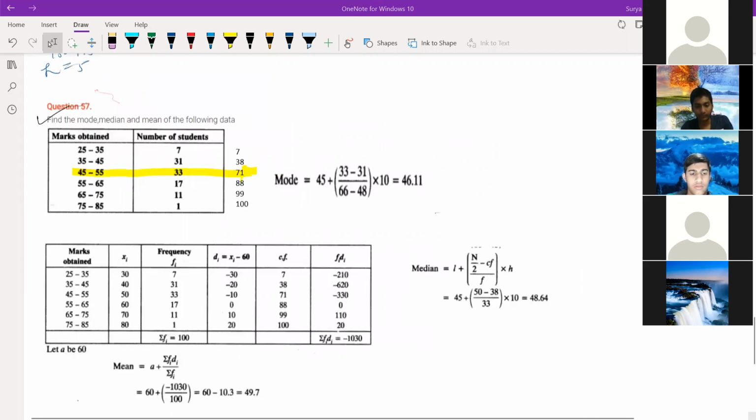Next question is, you should convert into less than and more than type, okay? Then only you can find the OGIVE graph or whatever it is. I'm asking the question, how to find the less than and more than type. Less than type you can find easily, but more than type you may have a bit of doubt.